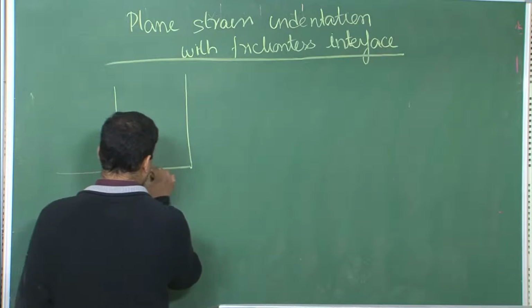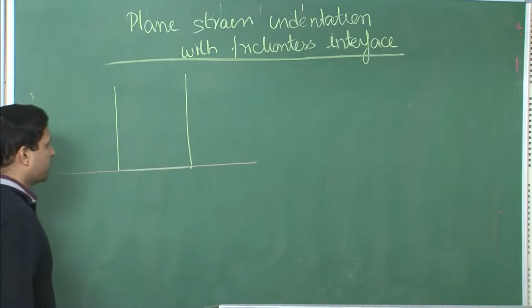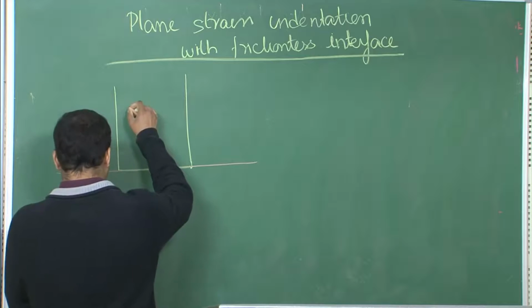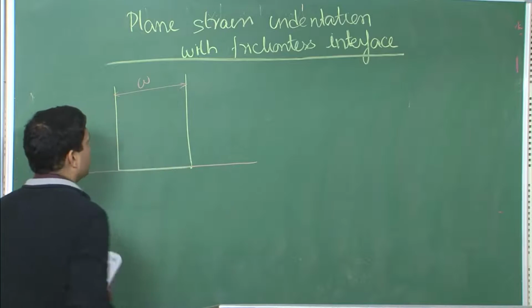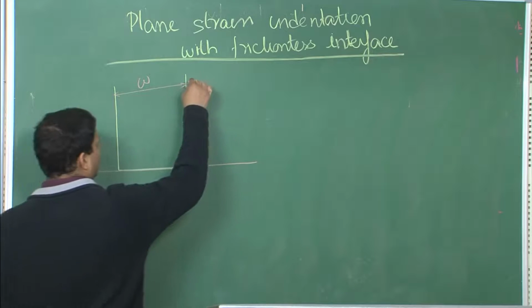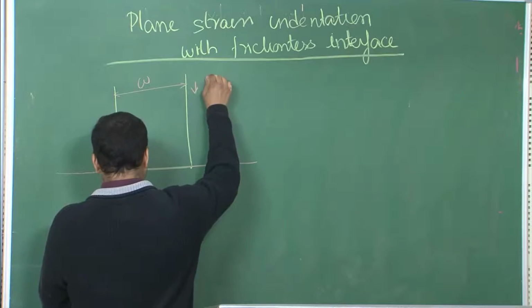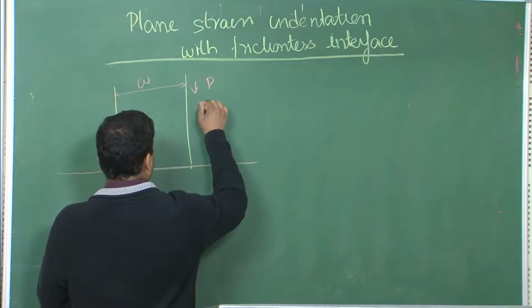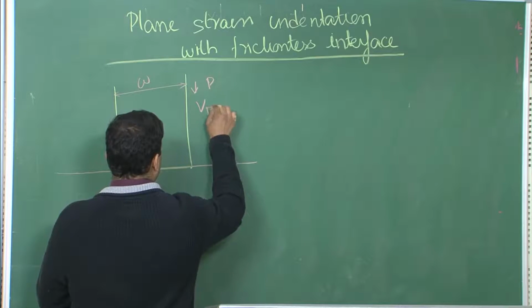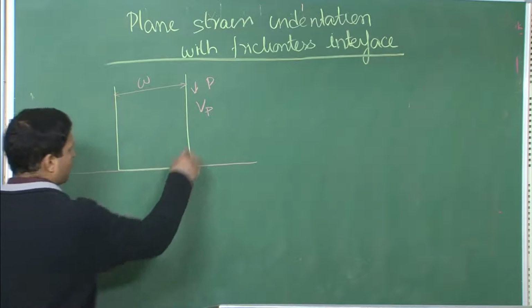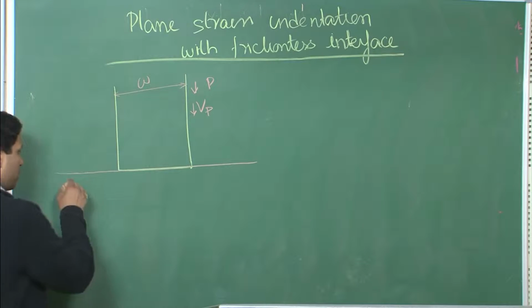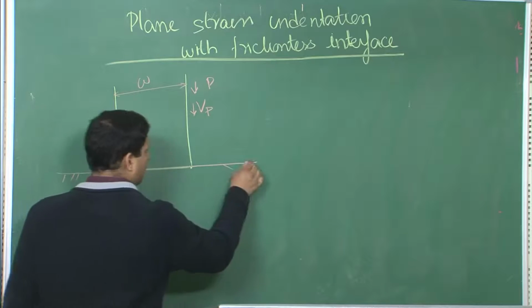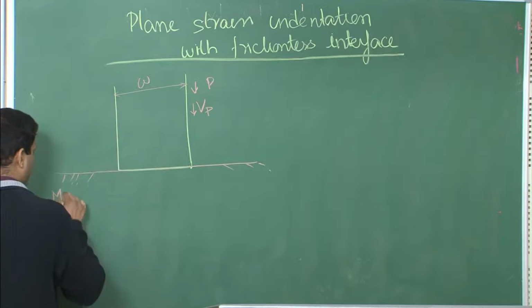So, this is a surface over here, and let us say this width is W, and there is a pressure being applied P, and this is moving with velocity Vp. So, this indenter is moving inside this material. This is your material or workpiece.